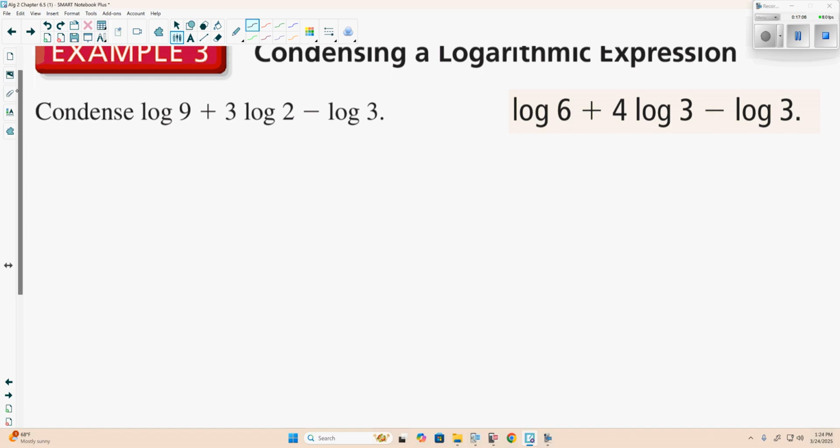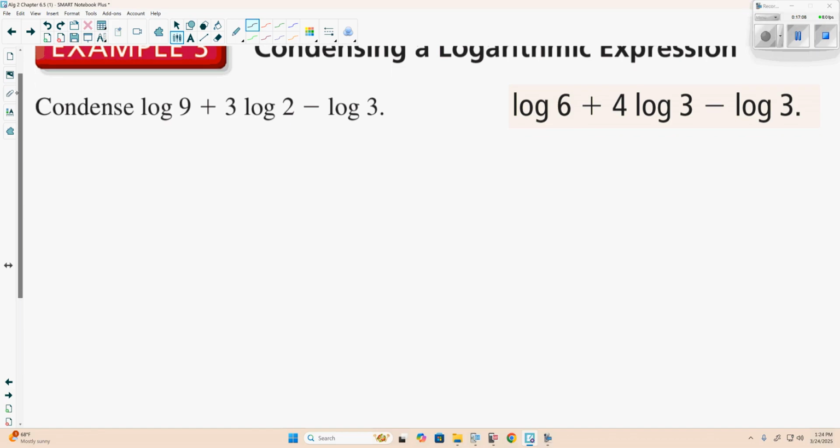Now the way this looks is we'll look at this next one here, log of 9 plus 3 log of 2 minus log of 3. First thing we're going to do is our power property. And our power property stated if we have an exponent inside, it comes out to the front.